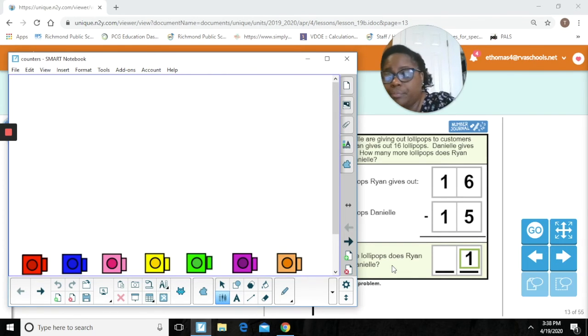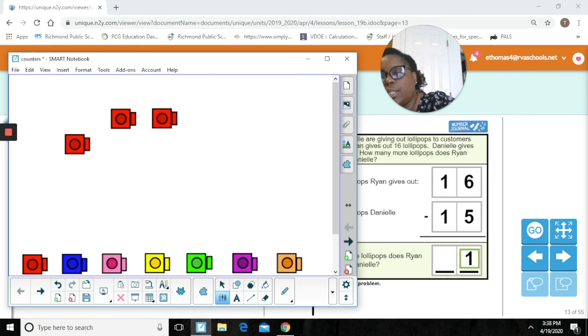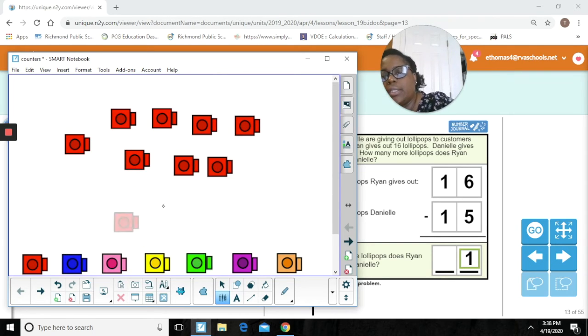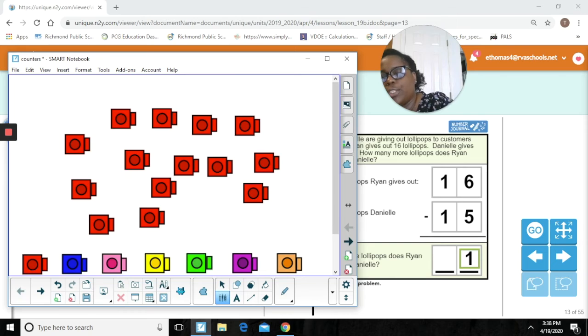So let's do that. 1, 2, 3, 4, 5, 6, 7, 8, 9, 10, 11, 12, 13, 14, 15, 16. And how many counters are we going to take away? 15.